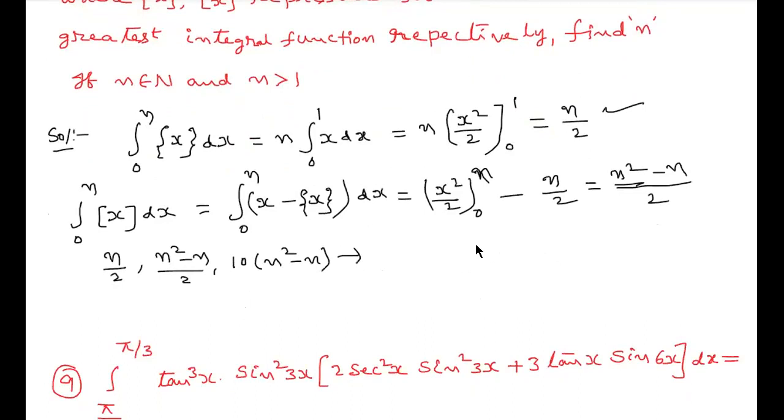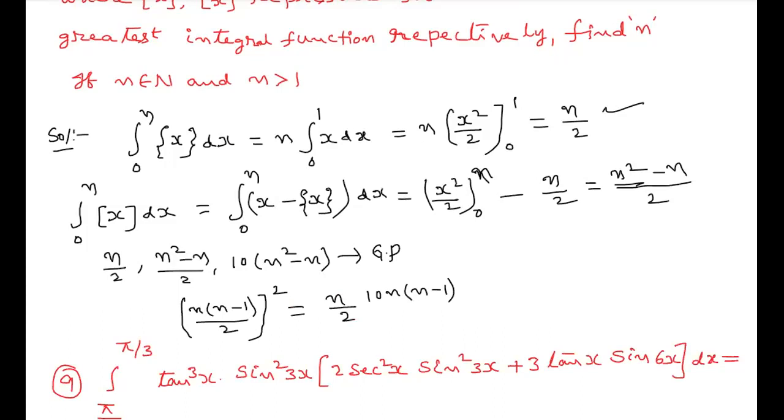These three terms are in GP series. Now A, B, C are in GP means B square is equal to AC. Now this is n into n minus 1 by 2 whole square, equal to n by 2 into, here also take n common, 10 n minus 1.